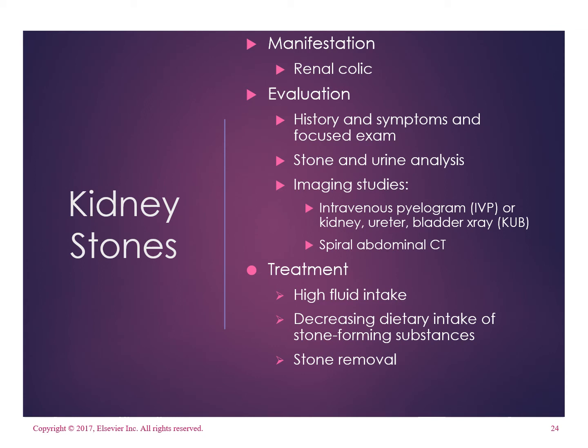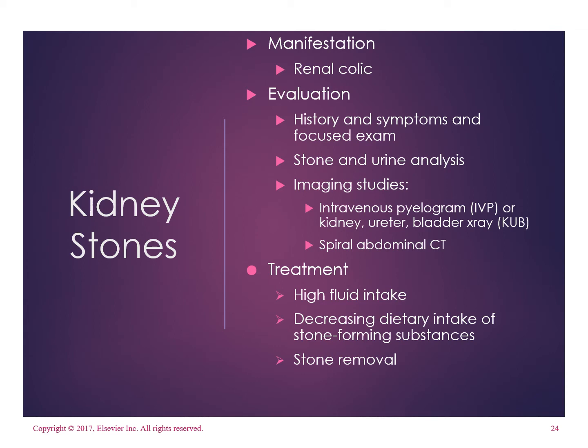Okay, so kidney stones, manifestations. Renal colic is described as a moderate to severe pain, often originating in the flank and radiating to the groin. It usually indicates obstruction of the renal pelvis or proximal ureter.